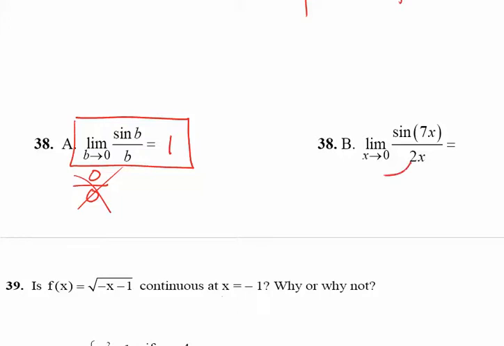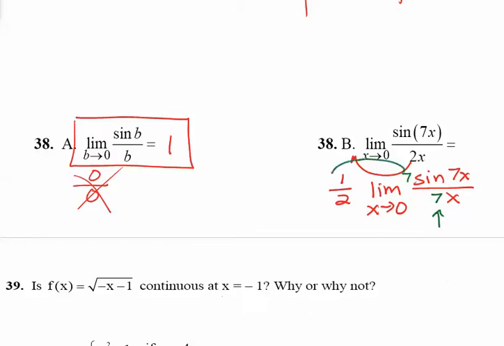So you might not want to show this work each time, but again, I'm going to show you that we're using our limit law to bring the constant 1/2 out of the function. And then, can I turn this into a 7x as I would wish? Well, I can divide by 7 only if I also multiply by 7. And that 7 I can choose to bring out in front.